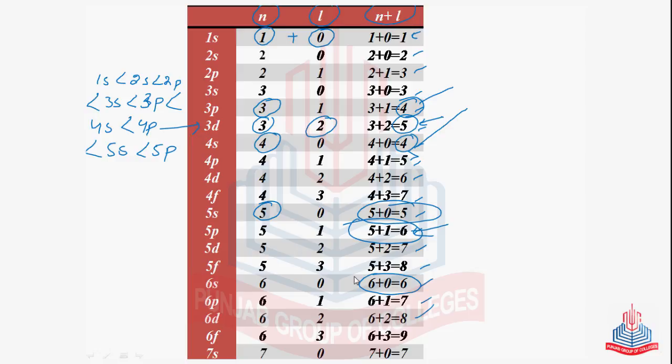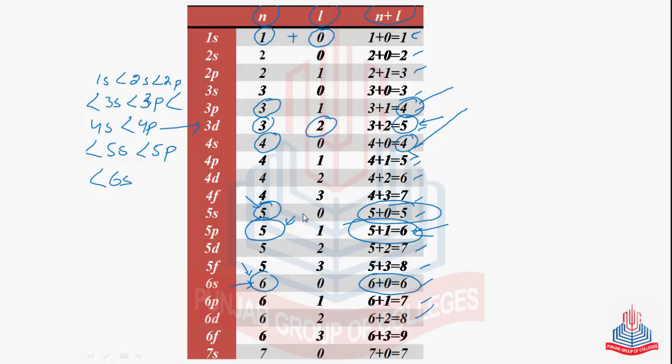Then we have to see the principal quantum number. यहाँ principal quantum number 5 है, यहाँ principal quantum number 6 है, इसीलिए पहले 5s, फिर 5p और फिर 6s, क्योंकि यहाँ principal quantum number की वैल्यू ज्यादा है as compared to 5p.